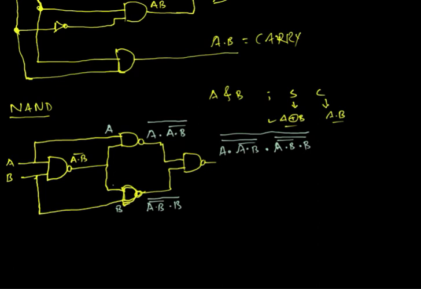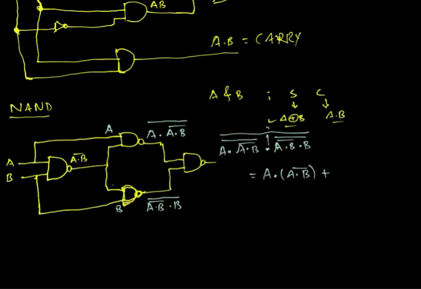Now let's simplify this expression. Using De Morgan's theorem we can simplify it like this: A and A and B all complement, or, if you consider this part alone, it will be A and B complement, or A and B complement and B complement. So this complement will be the same variable itself.